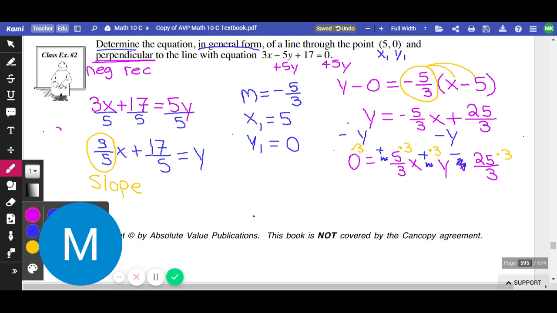0 times 3 is still 0. Equals 5 times 3 is 15. Divided by 3 is 5x. Remember, you just multiply the top and then you divide by the bottom number. Plus, there's an invisible 1 in front of this y, so 3 times that would be 3y.